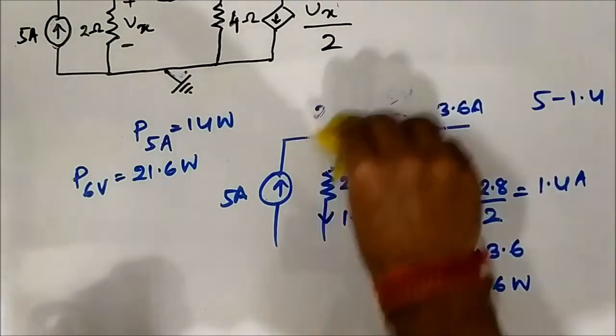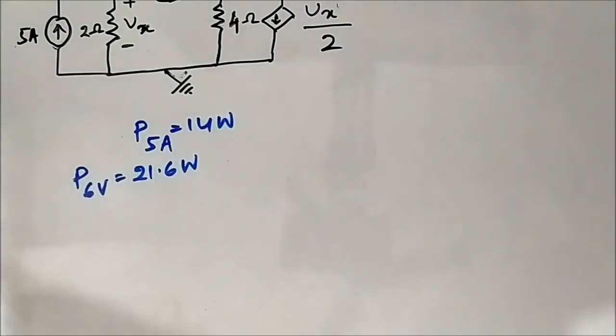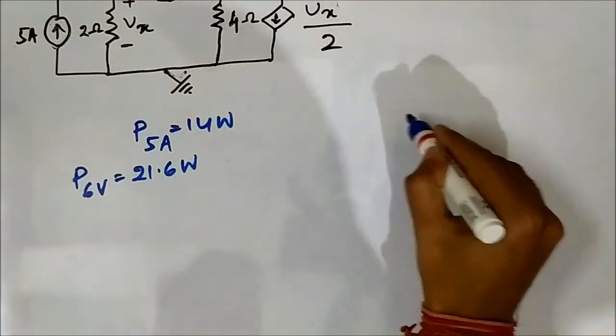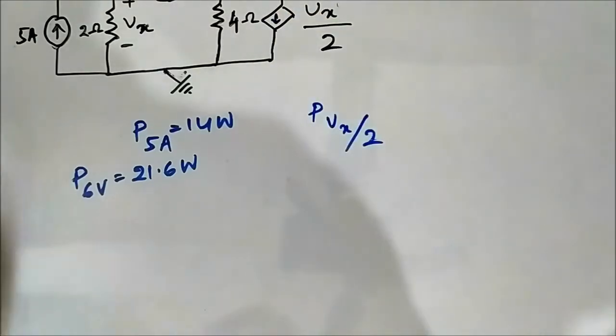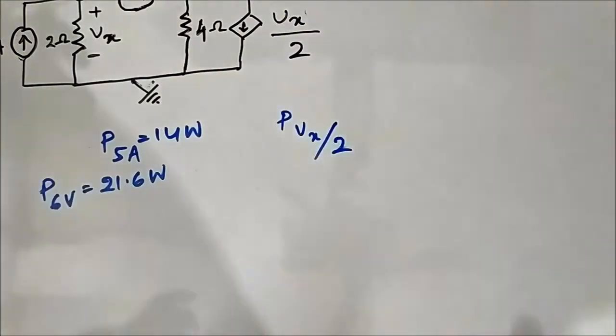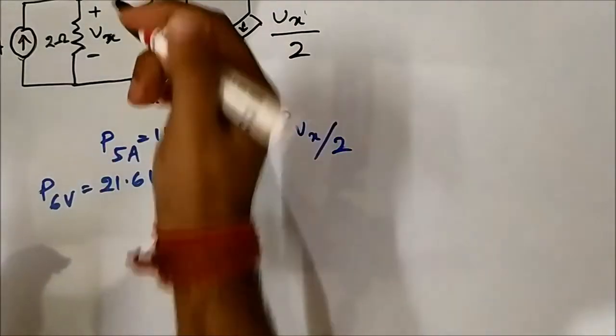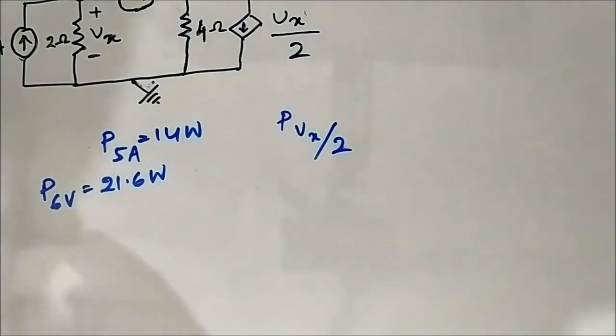Next is the power supplied or absorbed by the dependent current source. Here this is Vx by 2. Let us say we have a potential Vp, which we have to determine.